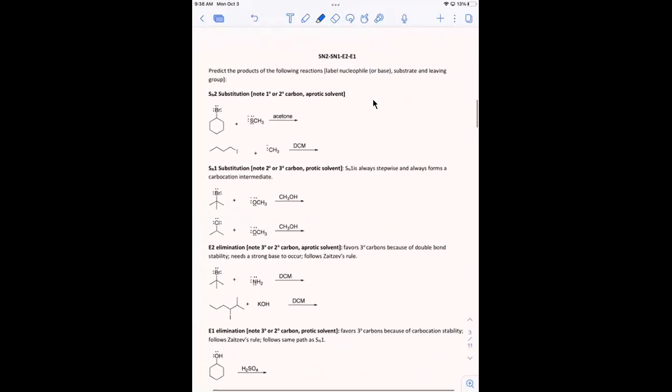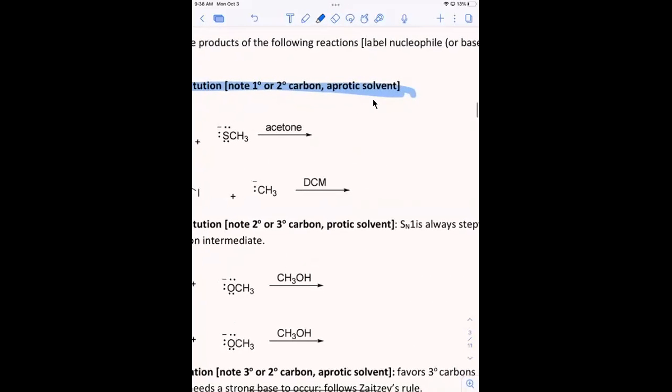We'll talk about some of the other factors that affect substitution and elimination. The first example here is for SN2, and we're just going to cover the high points of the different factors that affect the mechanism.